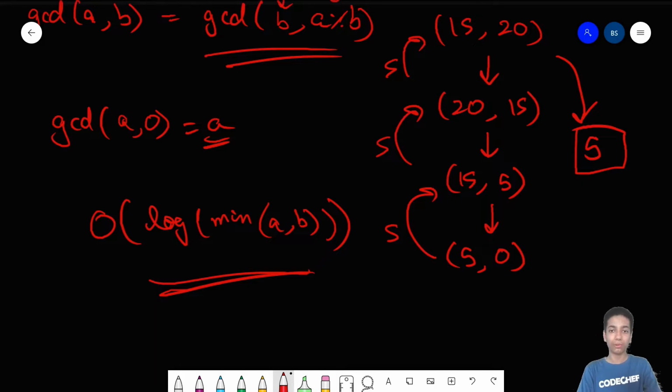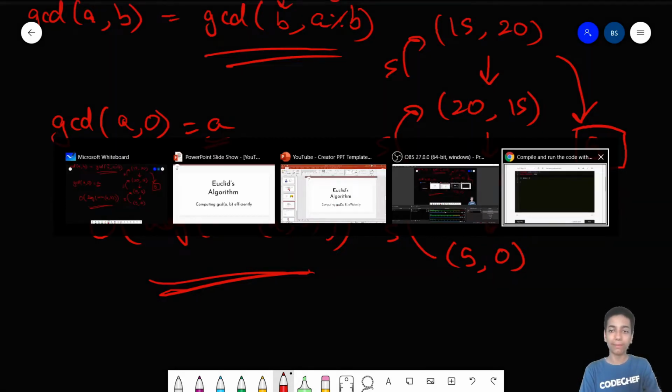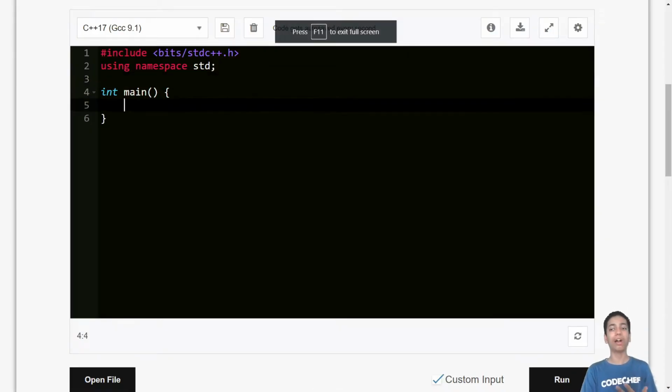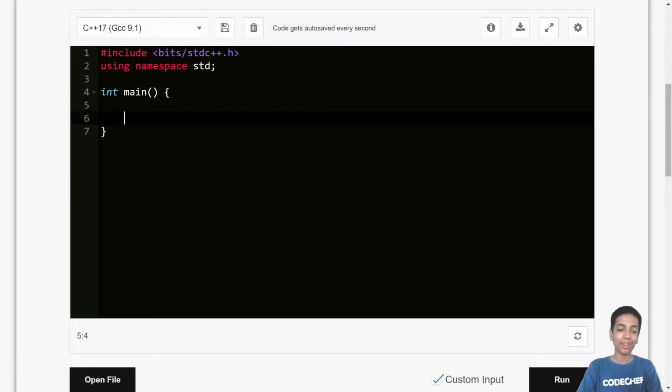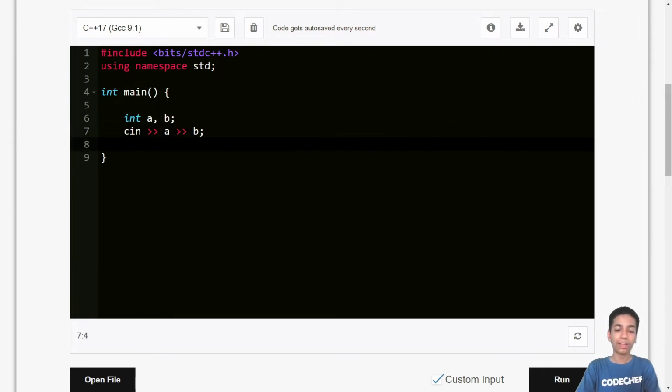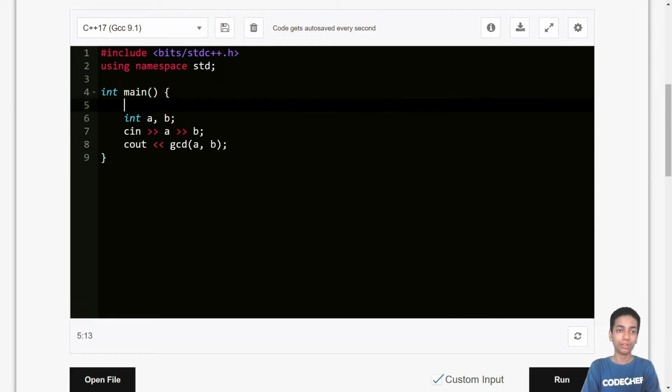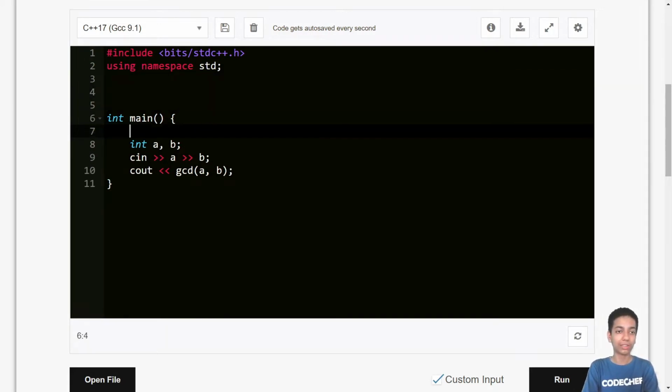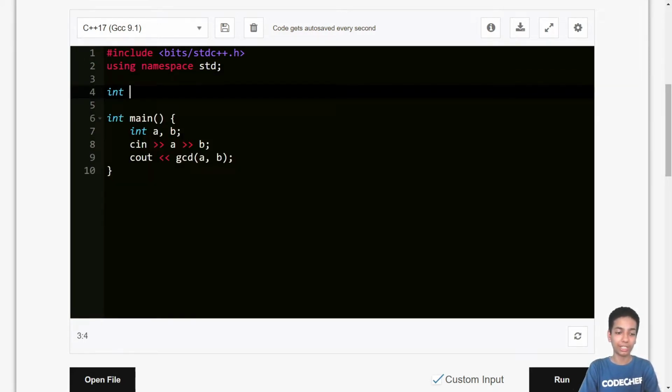Great. So let's code it out. So we have discussed the time complexity, we have discussed how it came, and we have also got an intuition of how it works. So we have A and B. Let's input them and then let's output GCD of A and B. Cool. So let's quickly start off by writing the GCD function.